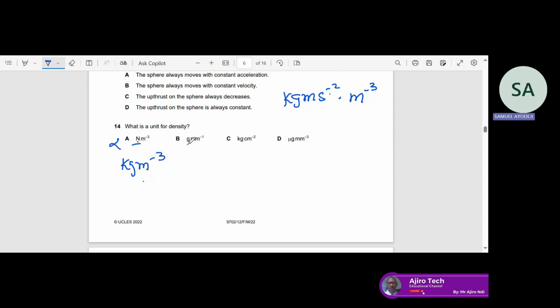B, wait, G means what? What do they mean by G? I think this is gram. Okay, gram per millimeter. We can have gram per centimeter, then we can have per centimeter cube.